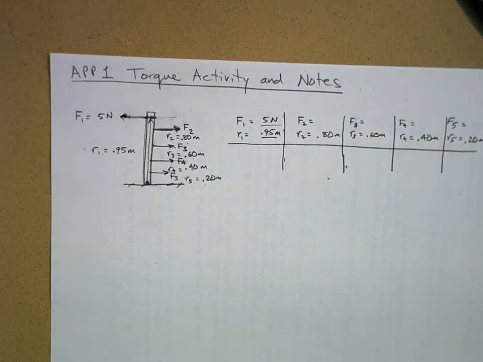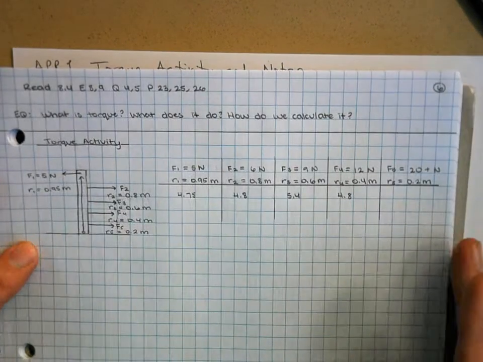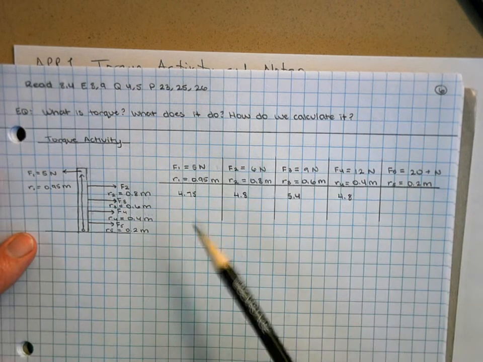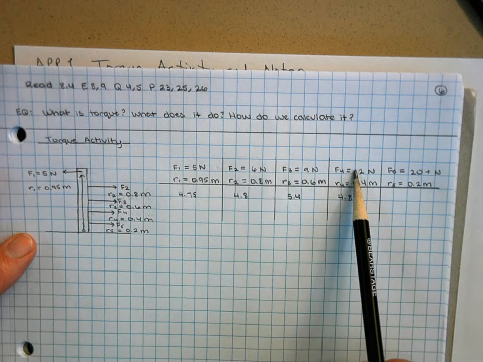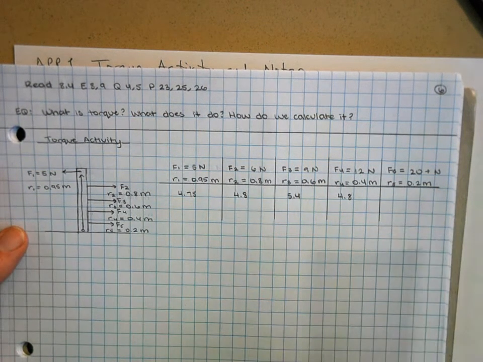And so this is what one student got after doing the experiment. And we can see a pattern here. This is F2, F3, F4, and then F5 was more than 20 newtons.